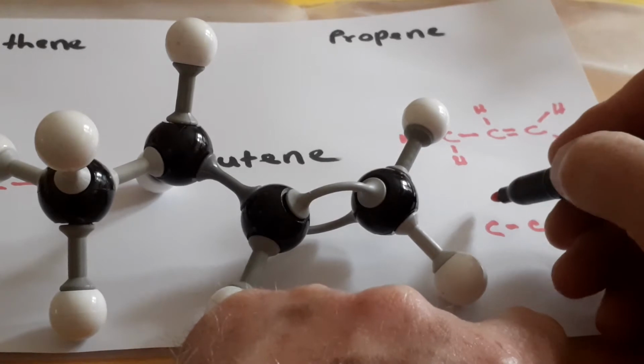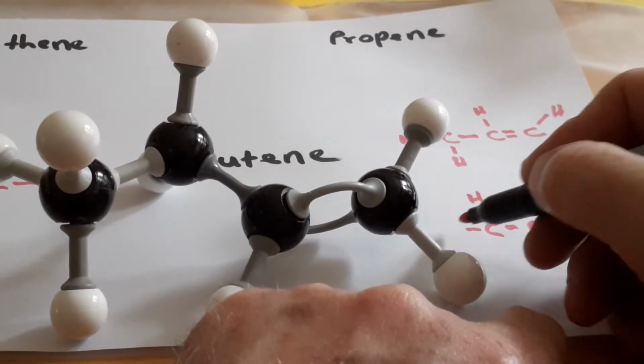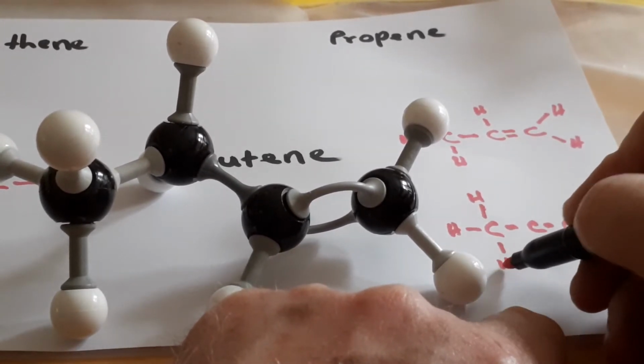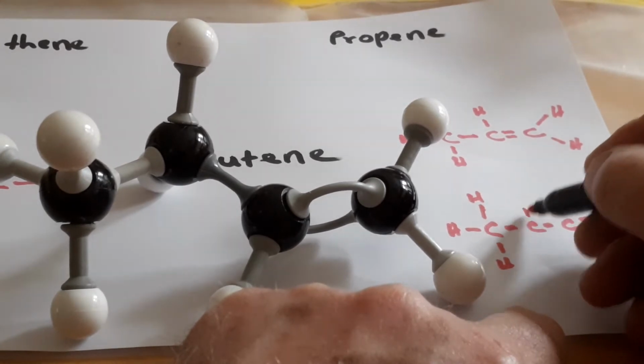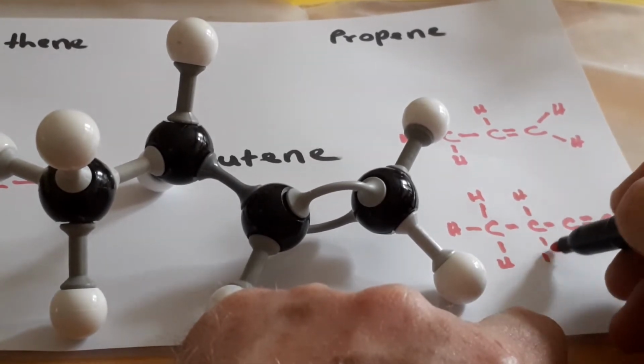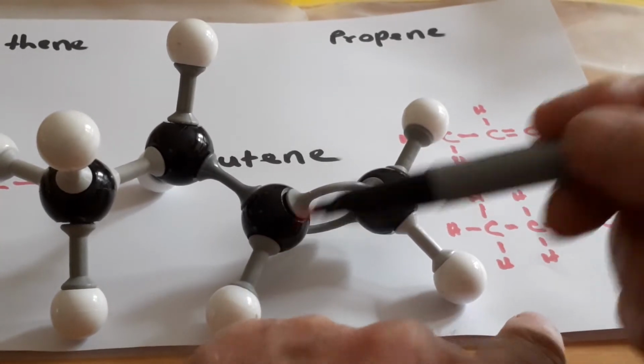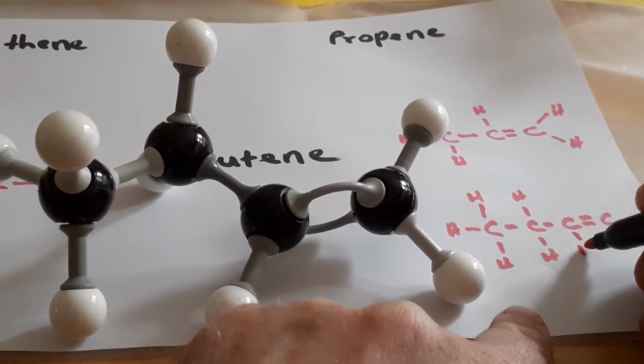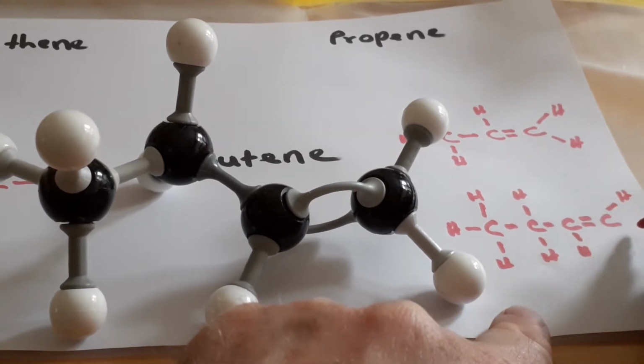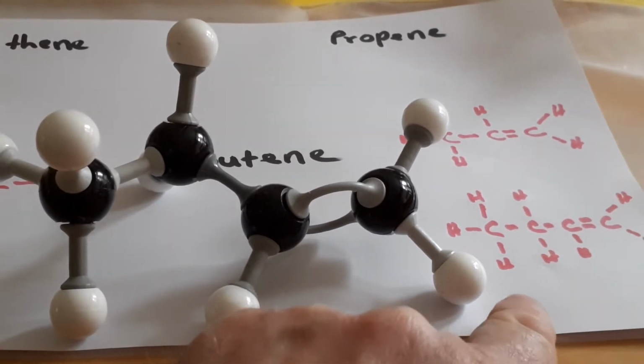So starting at the far end, we've got 3 hydrogens. So it's got our 4 bonds here. This carbon's got 2 already, so there's only going to be 2 hydrogens bonded. So we can see there and there. This carbon, it's only got 1 hydrogen, and these 2 are splayed out at the end.